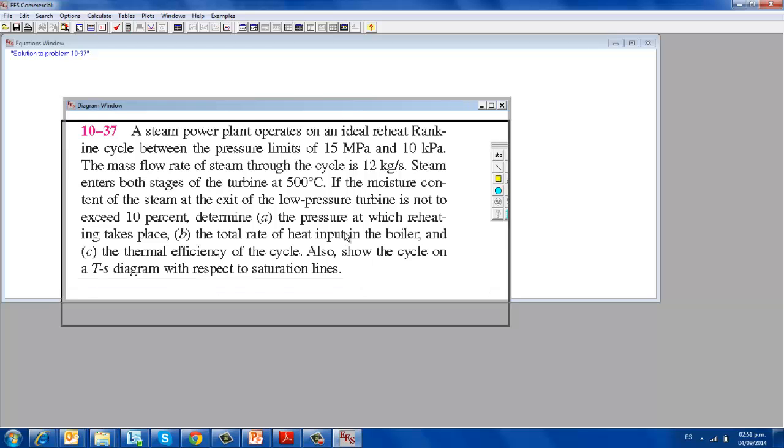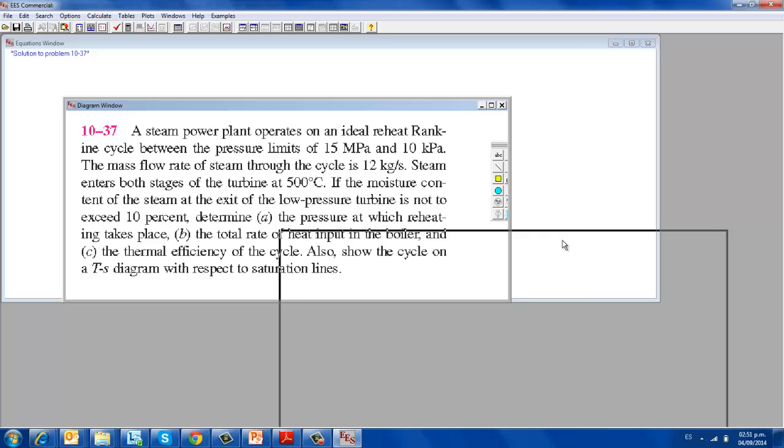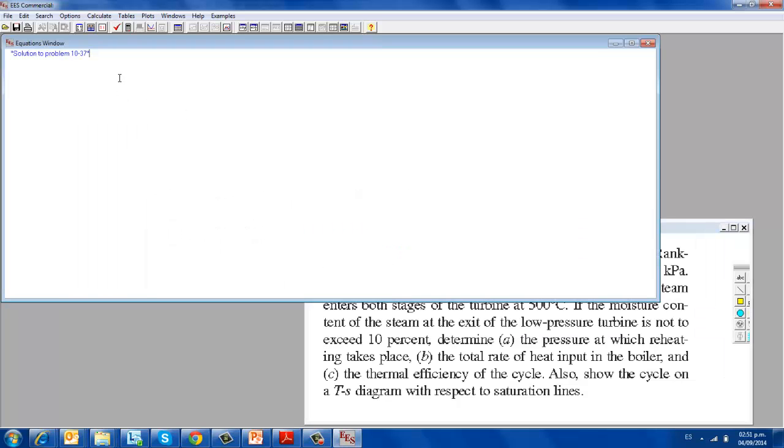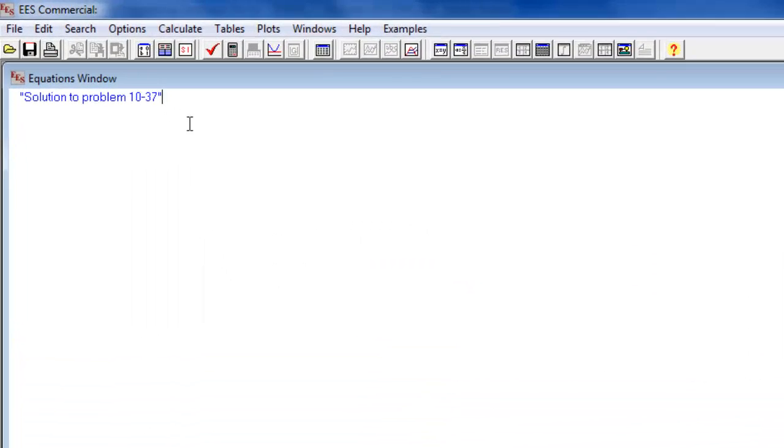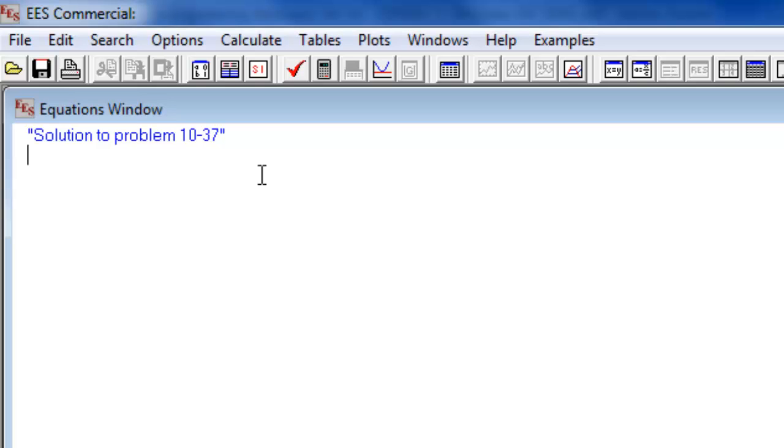Here we have the solution that we just did, so maybe we don't need it. We're going to start by stating our states, and good practice is to just say what we are doing.